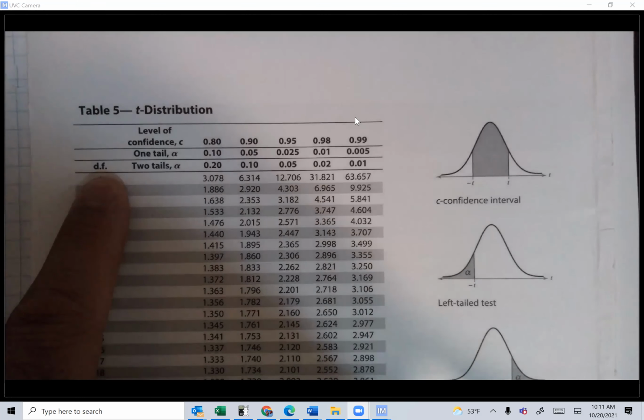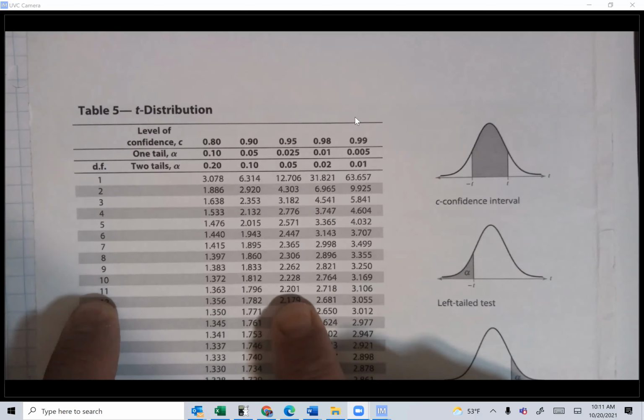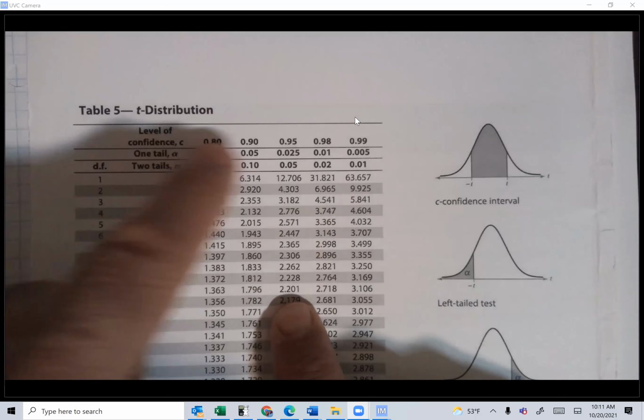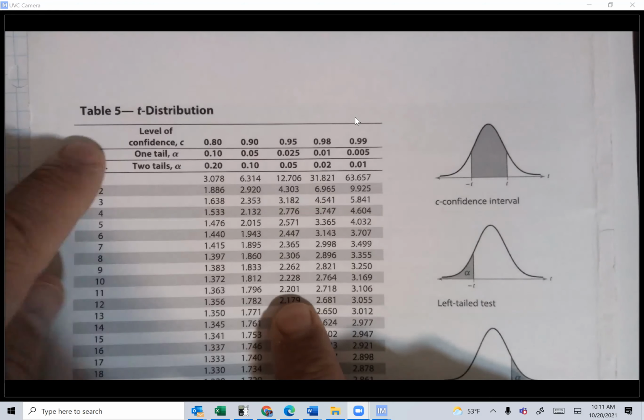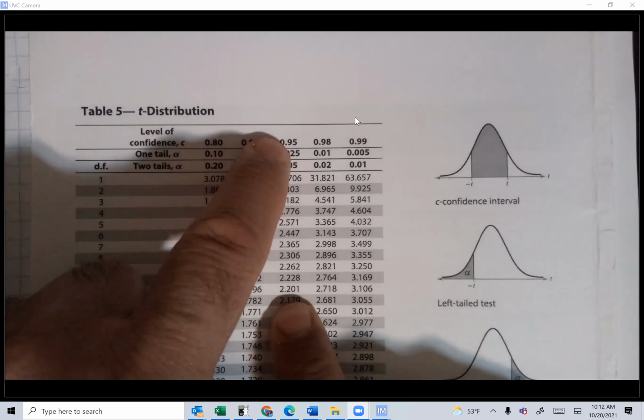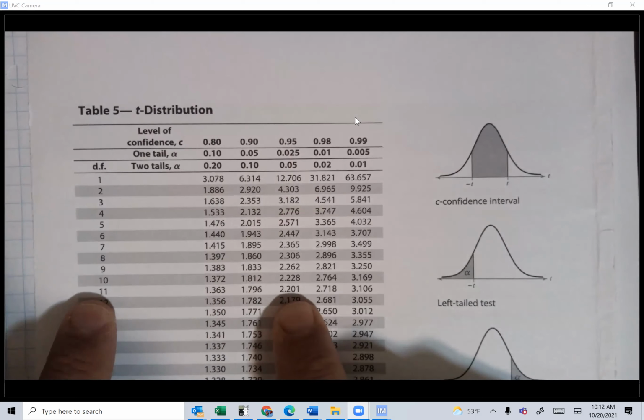So I just go to 11 right here and then go to 95 and see where the two meet. They meet at 2.201, as you can see. Ignore those two rows here, that's for chapter 7. Just confidence level 95 and 11, 2.201.